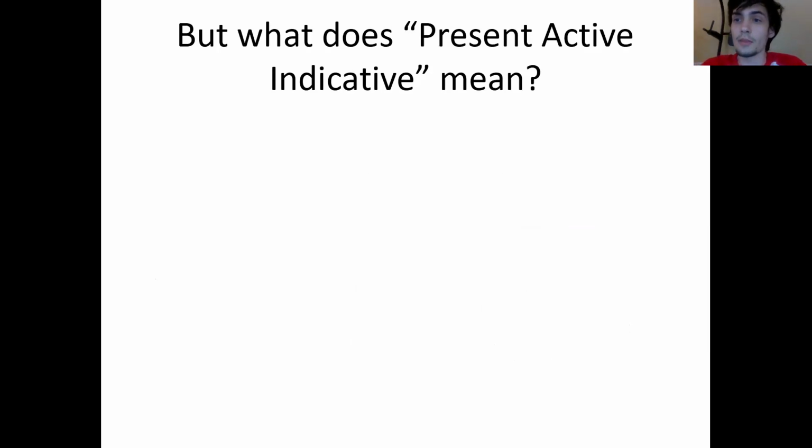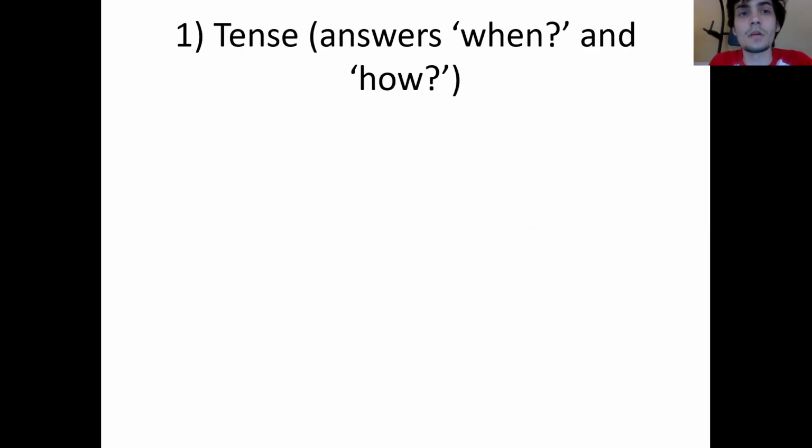So we'll be talking about three different categories of English grammar in order to better understand Greek grammar. Those are tense, voice, and mood. So what is tense? The tense answers the when and the how. So present tense is present. I am doing this, or I do this.